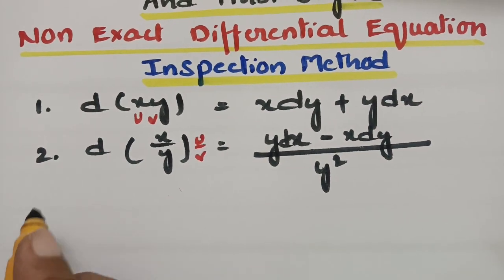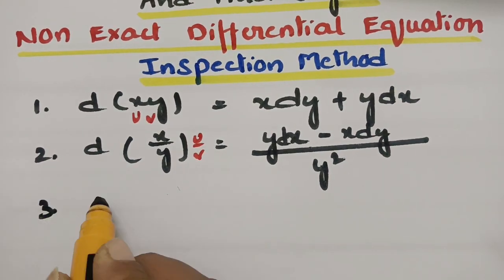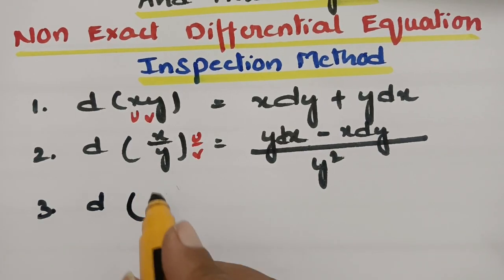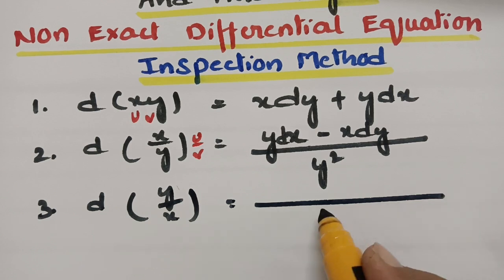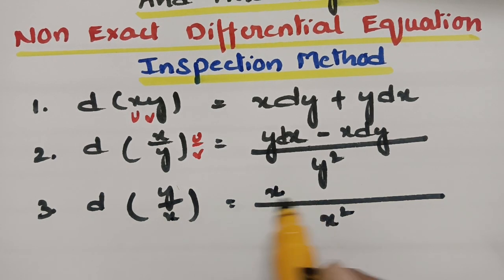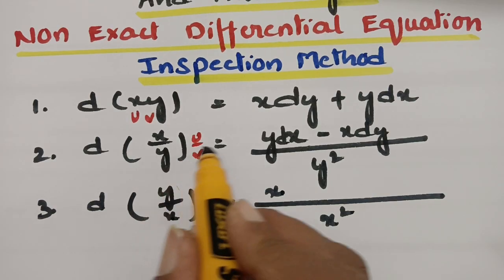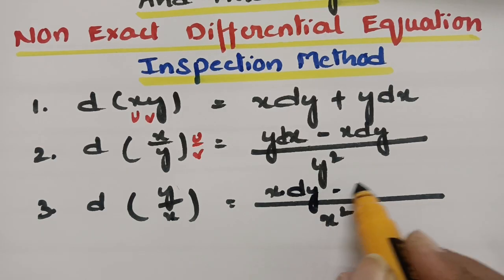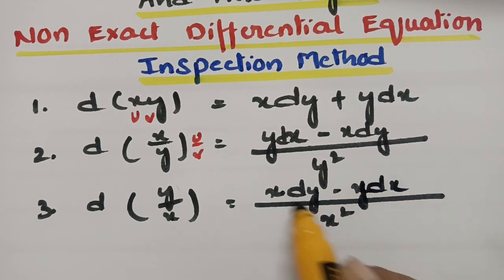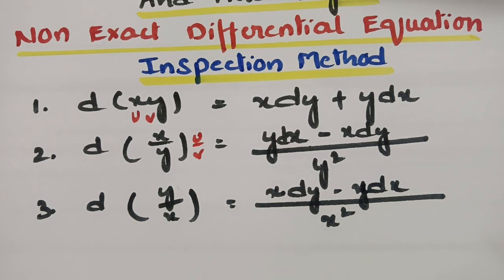And the next one everybody knows, the derivative of y by x. If it is y by x, we make a square here, x square, and write it once. If it is y, we go with the opposite variable, that is x dy minus y dx. Here I'll tell you a small thing.